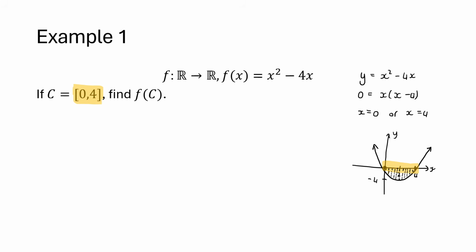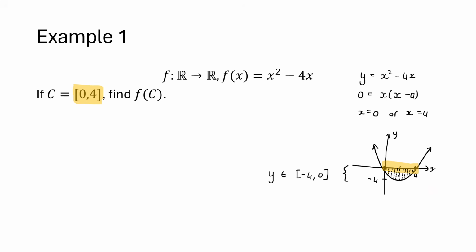So for this restricted part of the graph, our y values span from negative 4 up to 0. So this is our image.